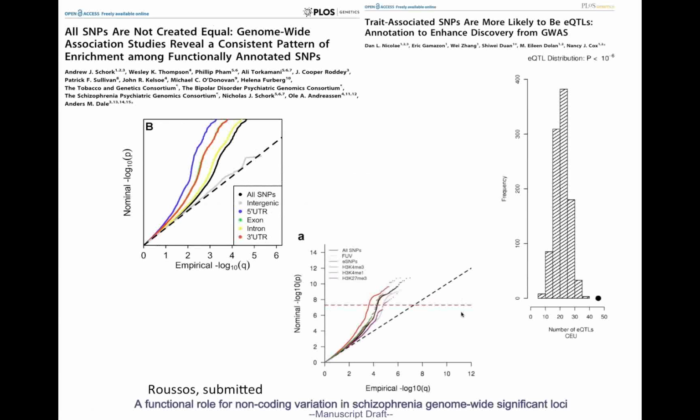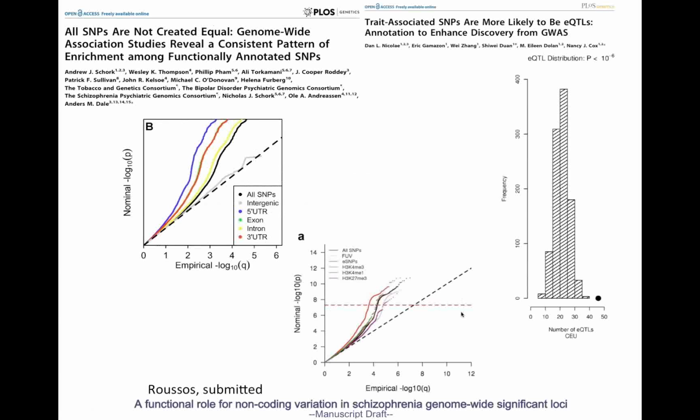On the top right, there have been many papers from this group led by Nancy Cox at the University of Chicago showing that SNPs that are eQTLs, where the genotype of the SNP has an effect on gene expression level, are more likely to be associated with phenotypes. Here the analysis is of all of the validated associations in the GWAS catalog, showing that they're enriched for being eQTLs.